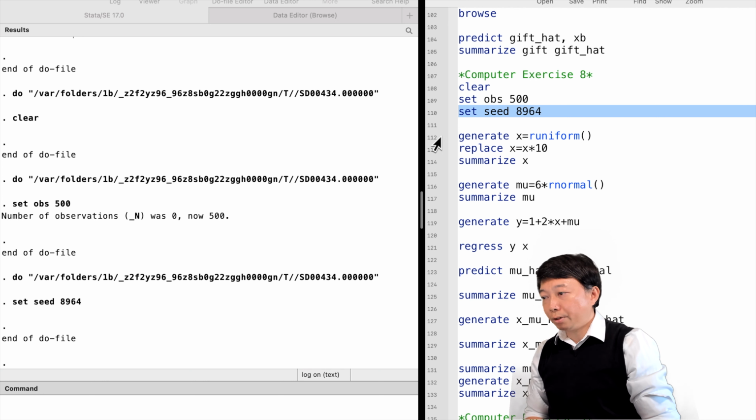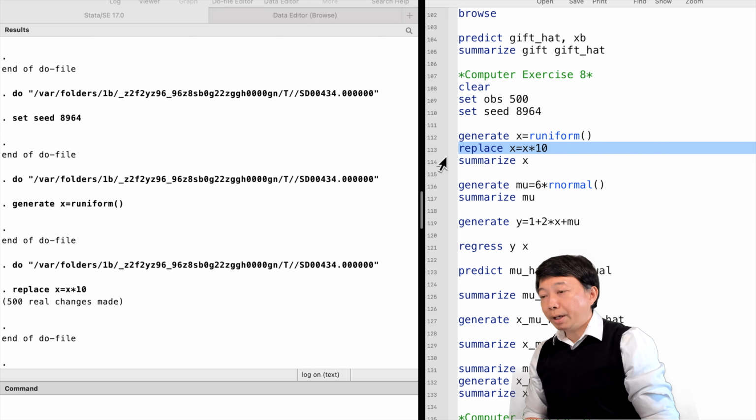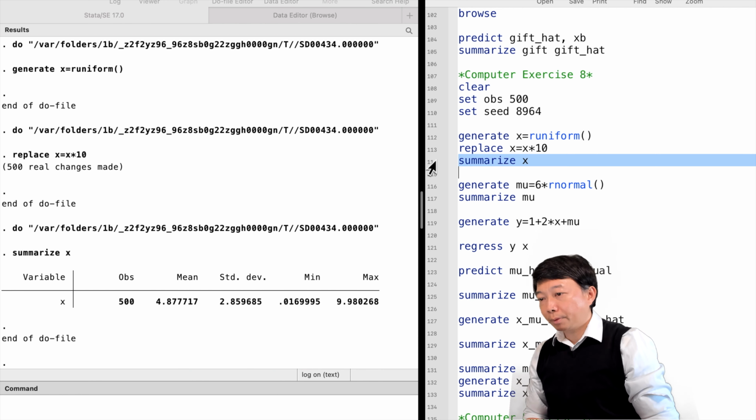Then I type generate x equals runiform, followed by the round brackets. If we don't put any number in the brackets, the random numbers are between 0 and 1. We can multiply the observations by 10 to obtain a uniform distribution with a range between 0 and 10. Using the summarize command, we can see the sample mean and sample standard deviation of x. The sample mean is 4.88 and the standard deviation is 2.86.